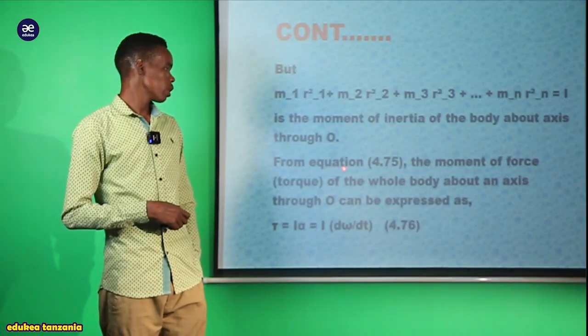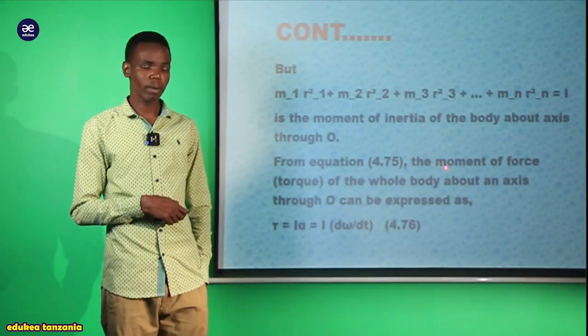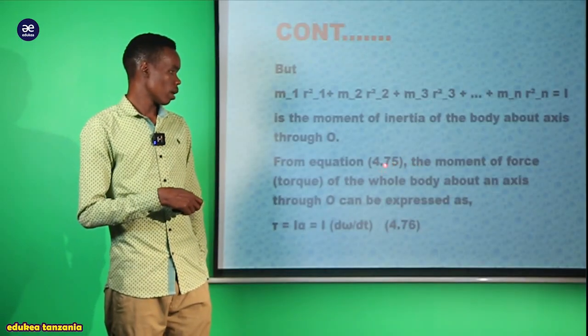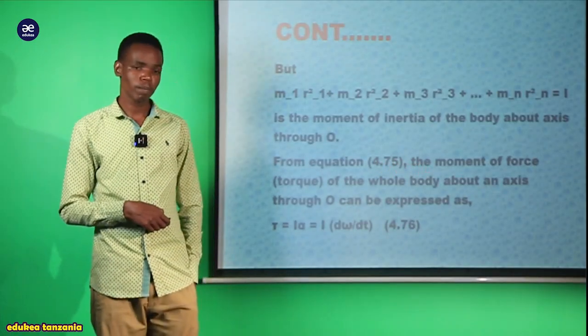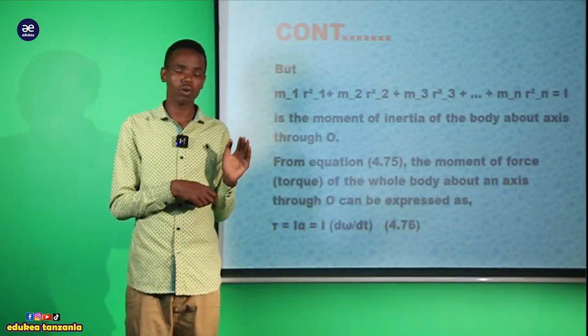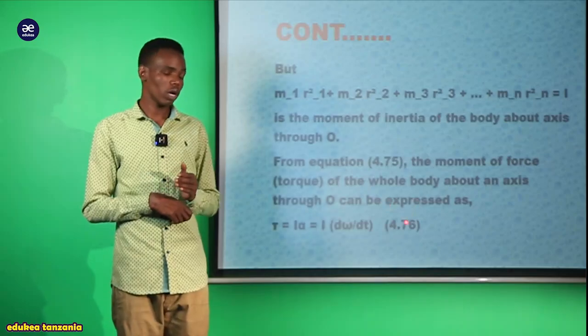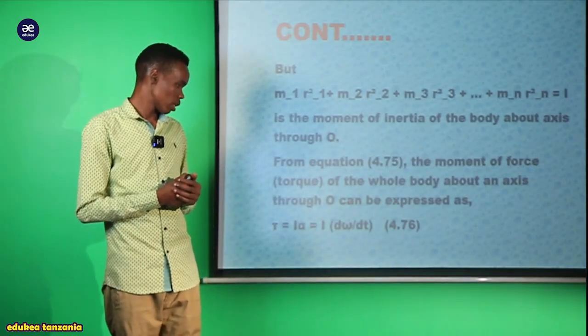In our equation number 75 for our first topic here, the moment of force, or torque, of the whole body about an axis through O can be expressed by this.